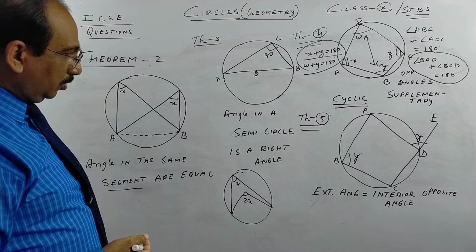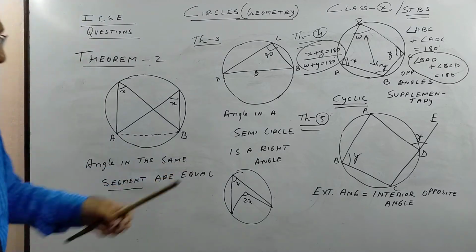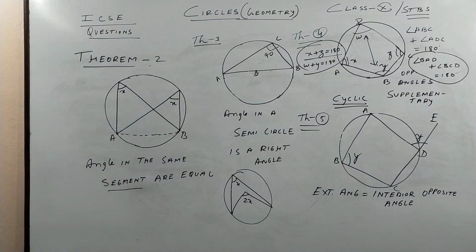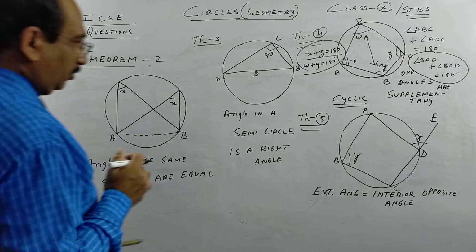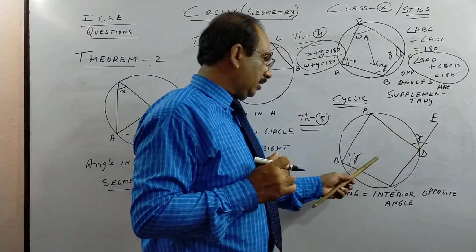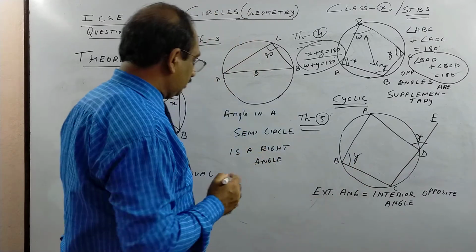Okay, so you copy, and I'll explain a little bit, reminding you about the triangle. So here we come to the last part. Once more, the exterior angle is equal to the opposite interior angle.